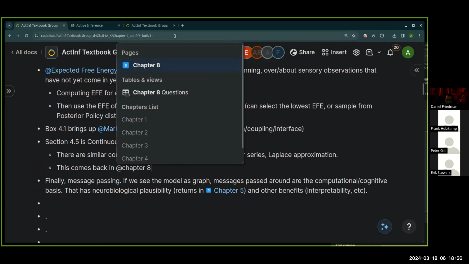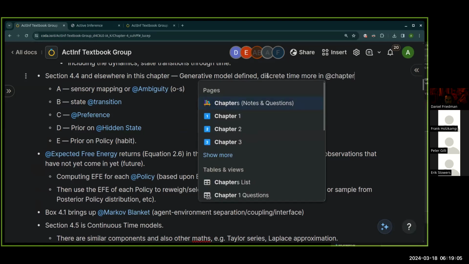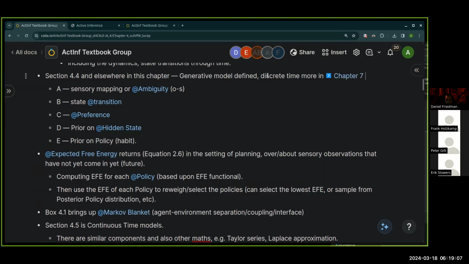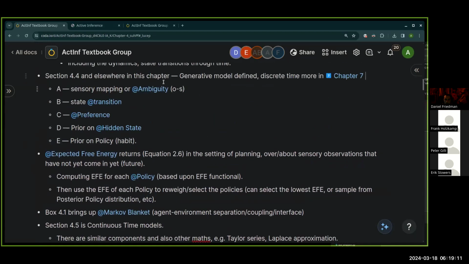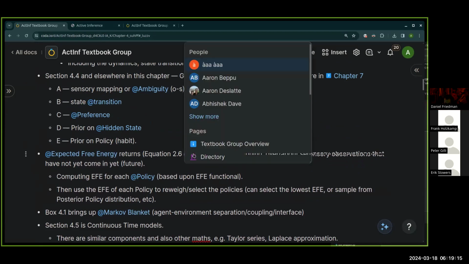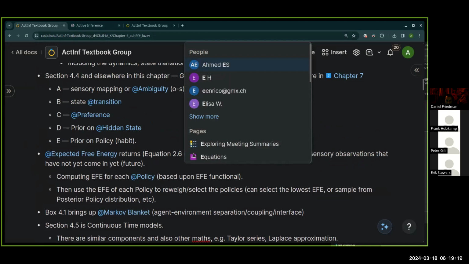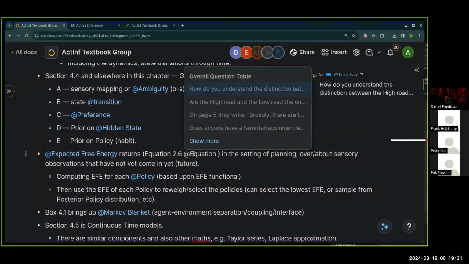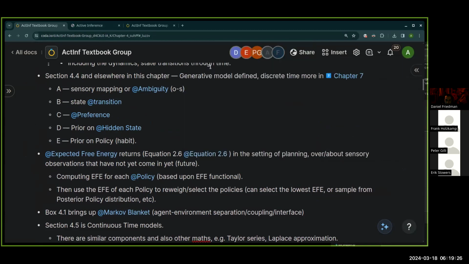It'll have more breakdowns of these different terms that are involved in computing G. Like we see terms like expected ambiguity and risk in this chapter. There are other ways that you can break down how we compute G. And it's nice to have these words like risk or expected ambiguity that maybe give a better intuitive sense of the maths involved and how it's useful, how it plays into the explore-exploit trade-off and model behavior.